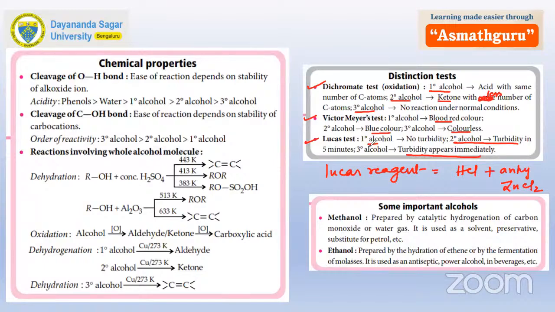In a primary alcohol at room temperature, there is no turbidity. You get turbidity only after heating. We know that tertiary alcohol is more reactive in this case. Why? Because the reaction with HCl comes under the cleavage of the C-O bond, and tertiary alcohol is more reactive. Please remember these things.